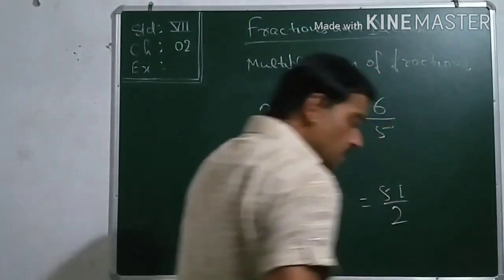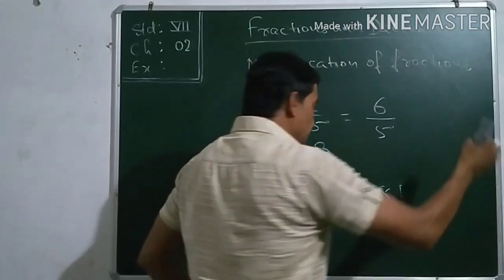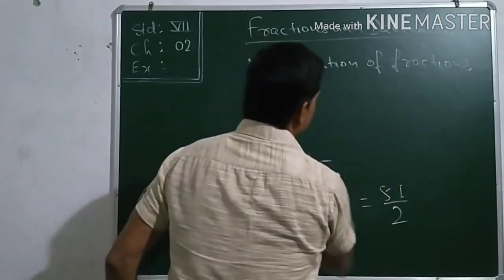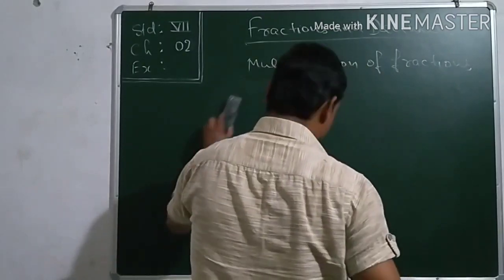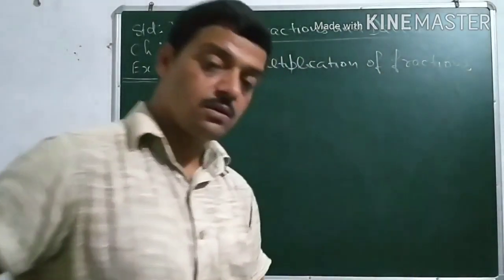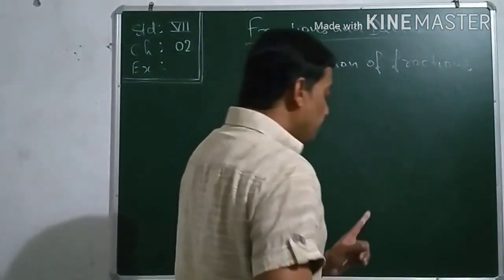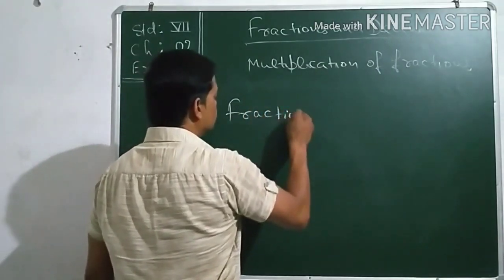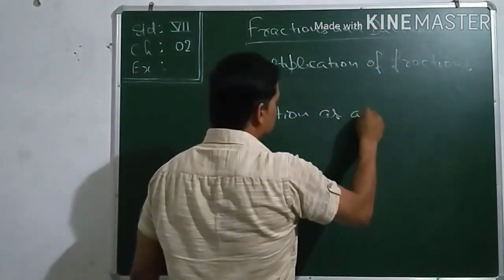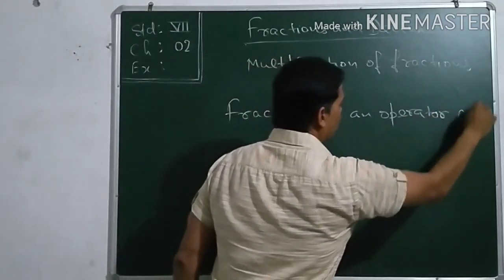Now, the next thing, after the multiplication of fractions by a whole number, we will go for the fraction as an operator, 'of'.